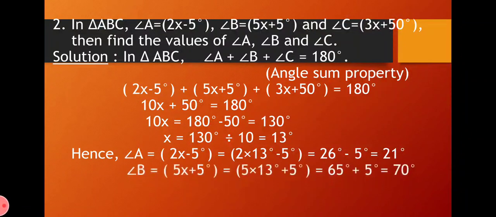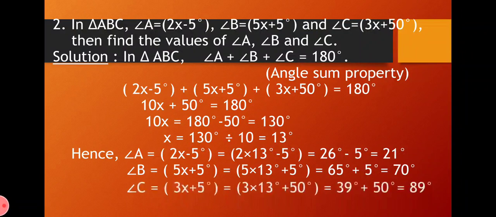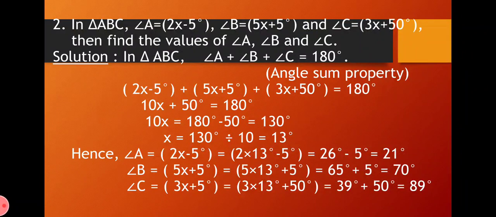Angle B equals 5x plus 5 degree, equal to 5 into 13 degree plus 5 degree, equal to 65 degree plus 5 degree, equal to 70 degree. And angle C equals 3x plus 50 degree, equal to 3 into 13 degree plus 50 degree, equal to 39 degree plus 50 degree, that is equal to 89 degree.